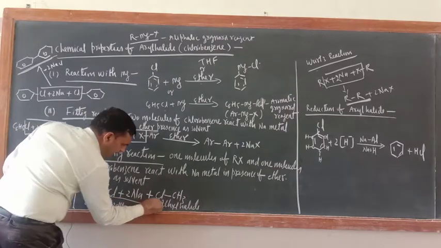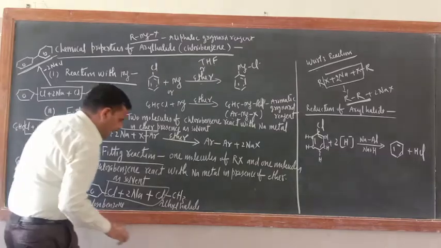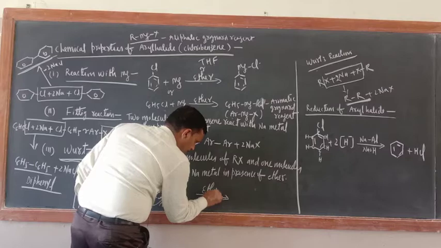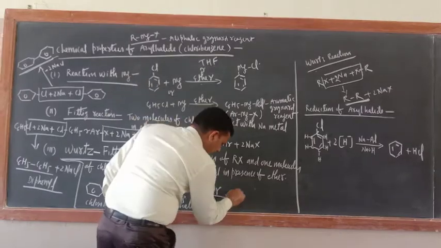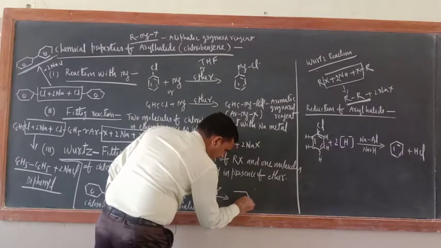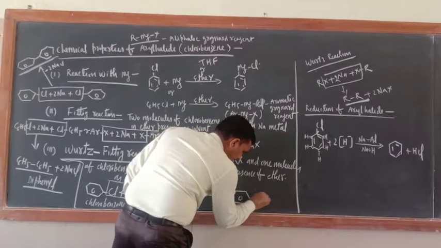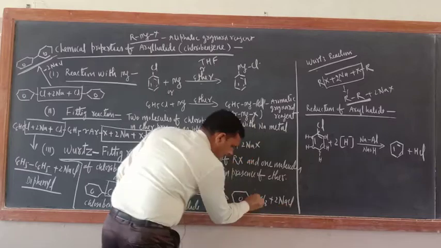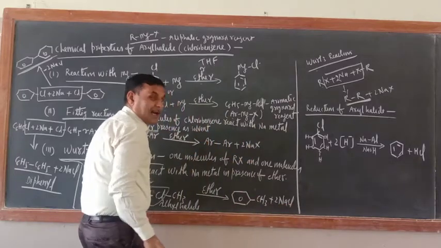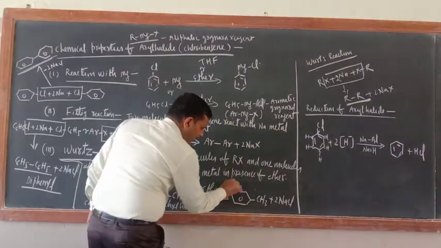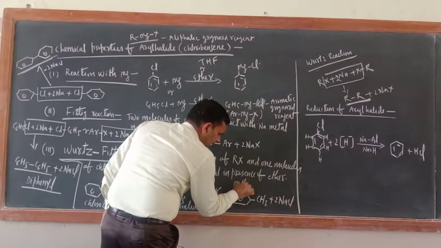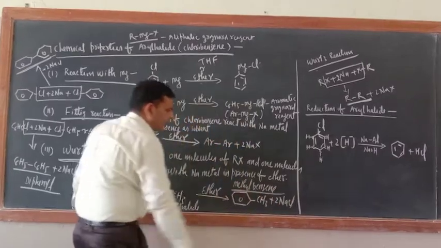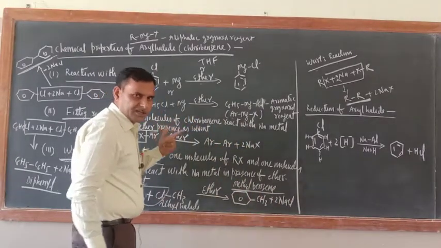So 2NaCl, and here ether. So what is the product here? Just see, this is the benzene ring. Here CH3 plus 2NaCl. This is methyl benzene, or alkyl benzene, okay.